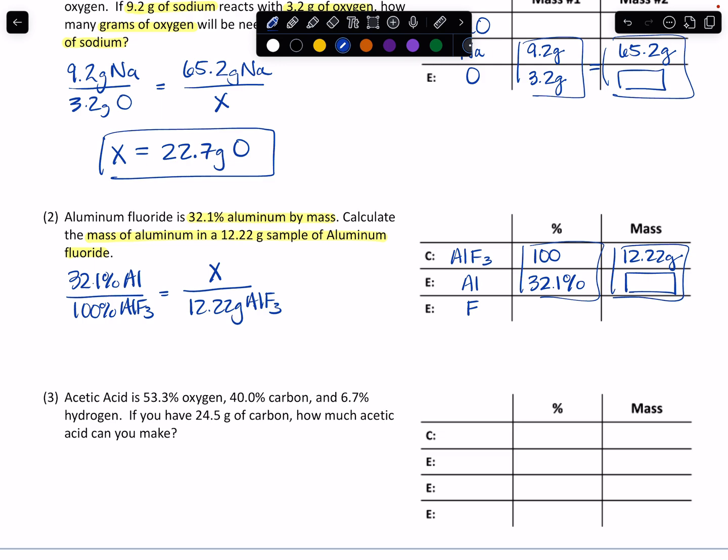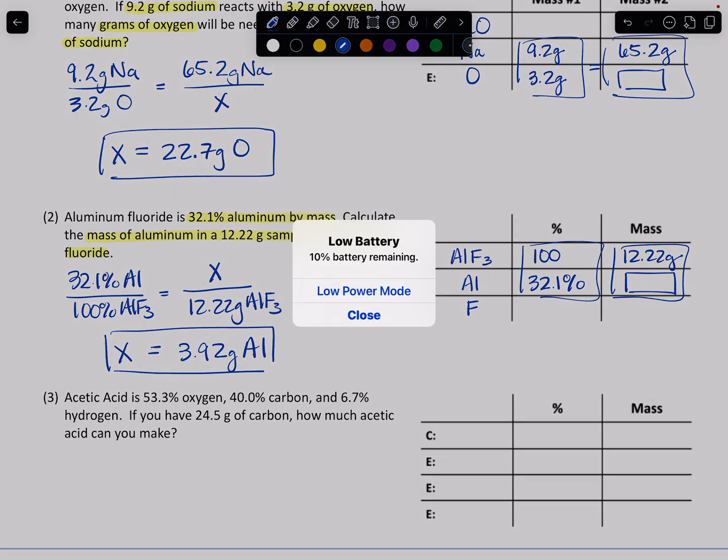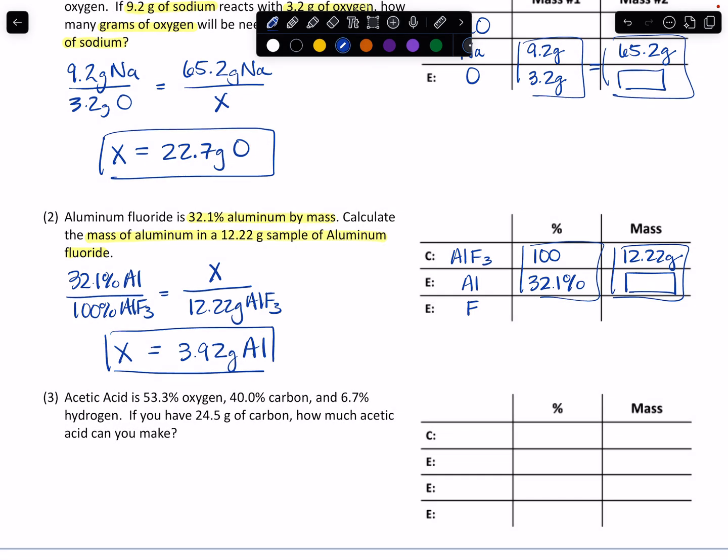We're going to cross multiply, multiplying 32.1 times 12.22, and then dividing it by 100. And we're going to find that we need 3.92 grams of aluminum if we're going to make 12.22 grams of aluminum fluoride.